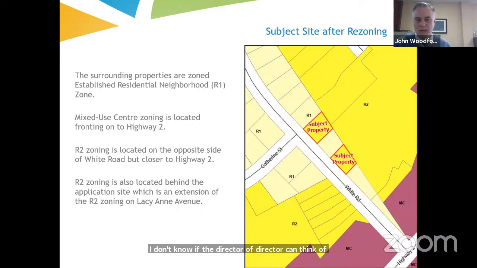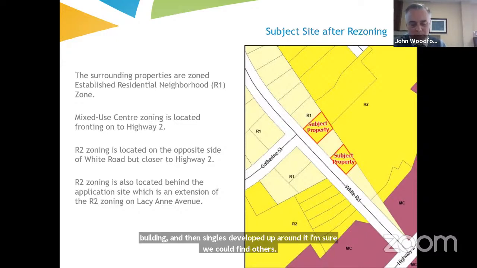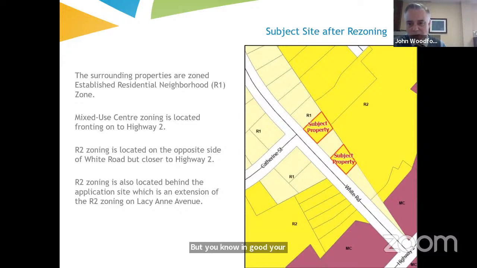Well, there would be legacy issues out there where, for example, there was an R2 building and then singles developed up around it. I'm sure we could find others, but in good general planning principle, it's not a good thing to try to achieve that from the get-go. It's to try to avoid it.